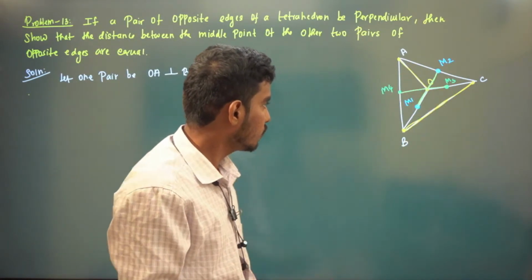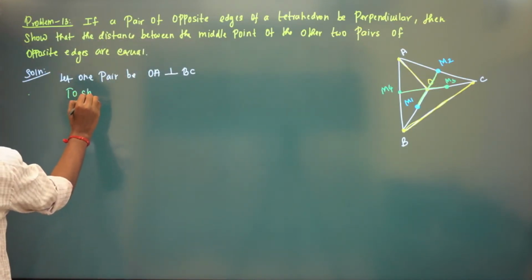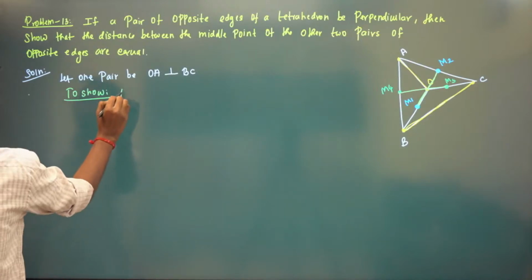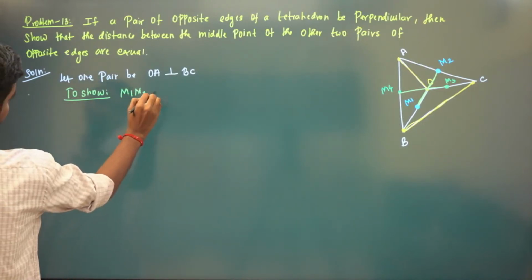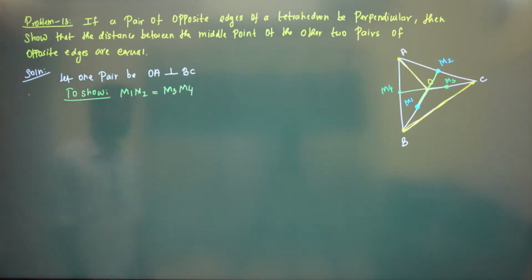So M3, M4. So we need to show the distance M1, M2 is same as M3, M4. This is what we need to show, right?